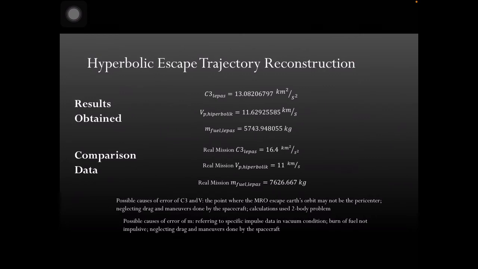The difference in characteristic energy and hyperbolic velocity at the pericenter can be caused by, first, that the point where MRO escapes Earth may not be the pericenter. The second is the negligence of drag and maneuvers of the spacecraft. And the third is that the calculations use two-body problem equations that neglect the influence of other objects in space, which is not the case in the real mission.